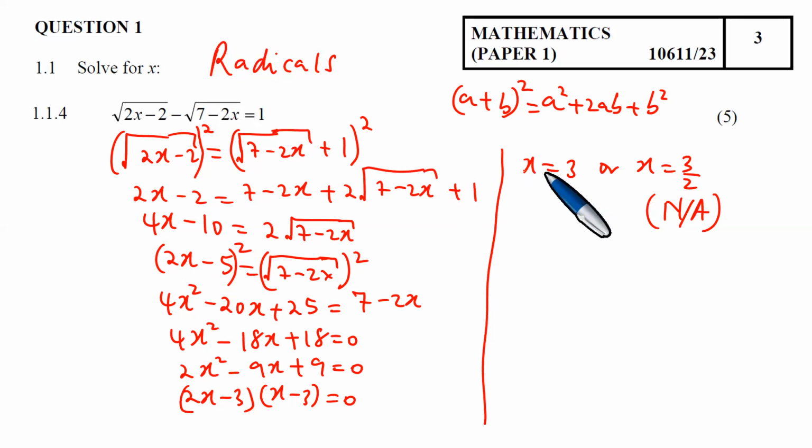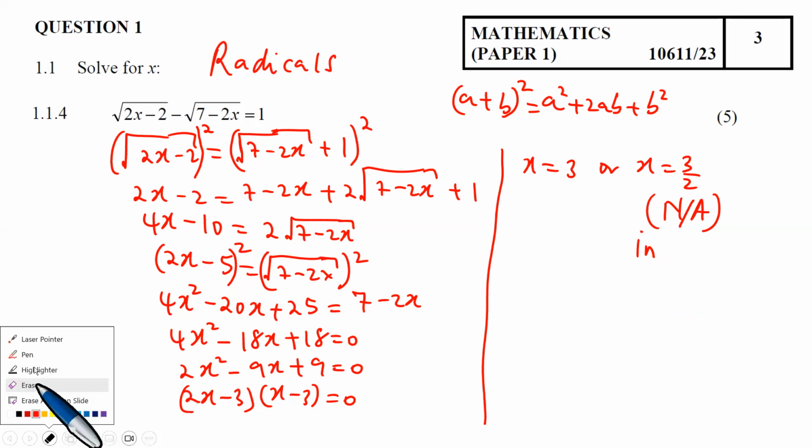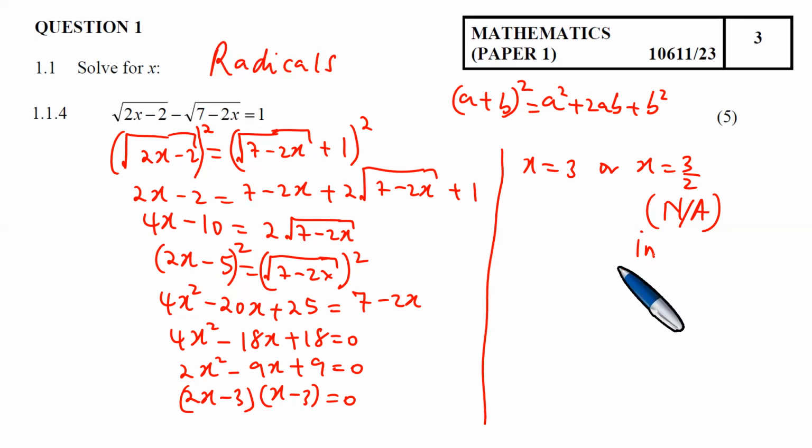The 3 is going to make the left and the right equal, but the 3 over 2 is going to make this equation false, and therefore it is inadmissible. It is an inadmissible solution. So we do this and we proceed.